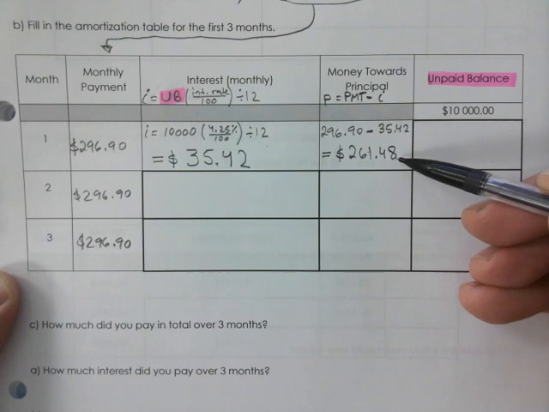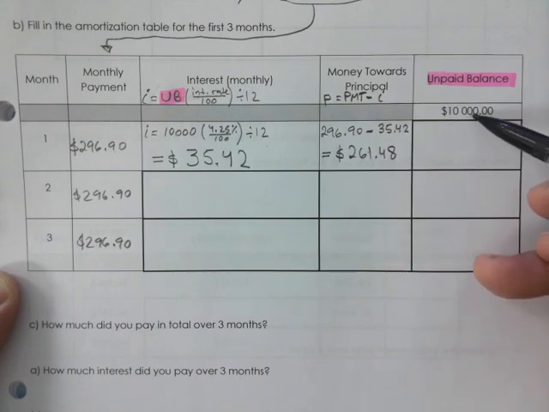And where does this money go? This is what they take to actually bring down the amount owing, which we call the unpaid balance.